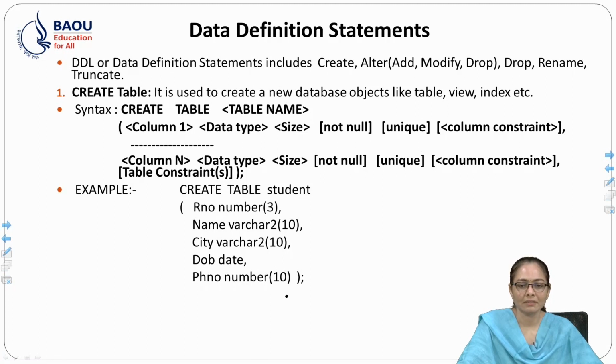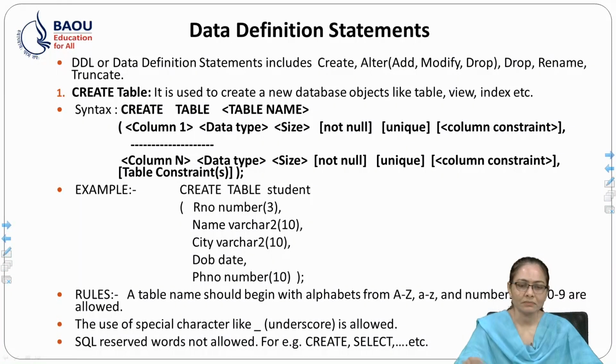After that, the round bracket is closed. Here is the opening bracket and here is the closing bracket. After that, the command is completed, then a semicolon is used. Semicolon is used to show the command is completed, and then press enter for executing the command.